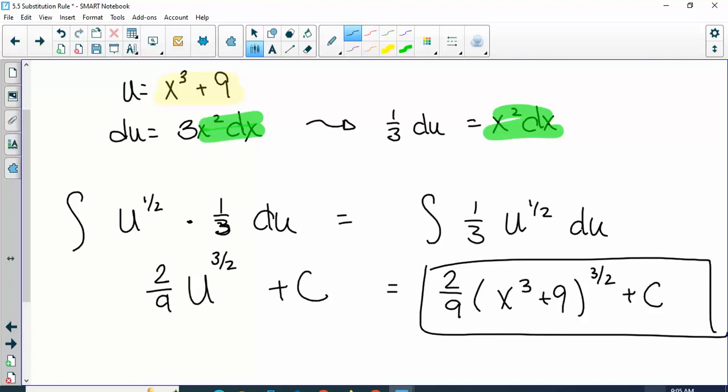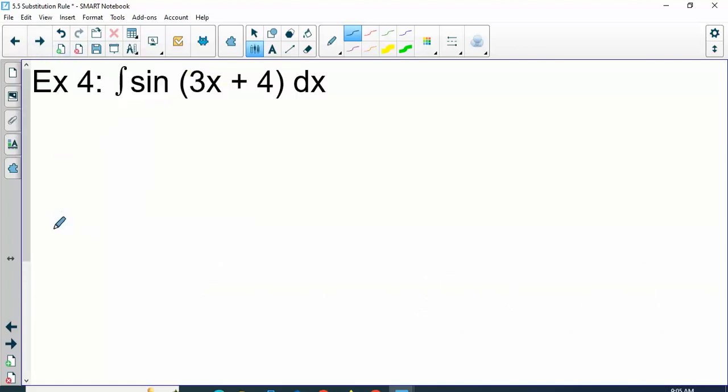I'd like to do 2 or 3 more and then we'll stop with this for today. What would I make my u on this one? And this is a problem, since there is only one x, you technically wouldn't have to do substitution here, but you can. Du, what's the derivative of 3x plus 4? 3 dx.